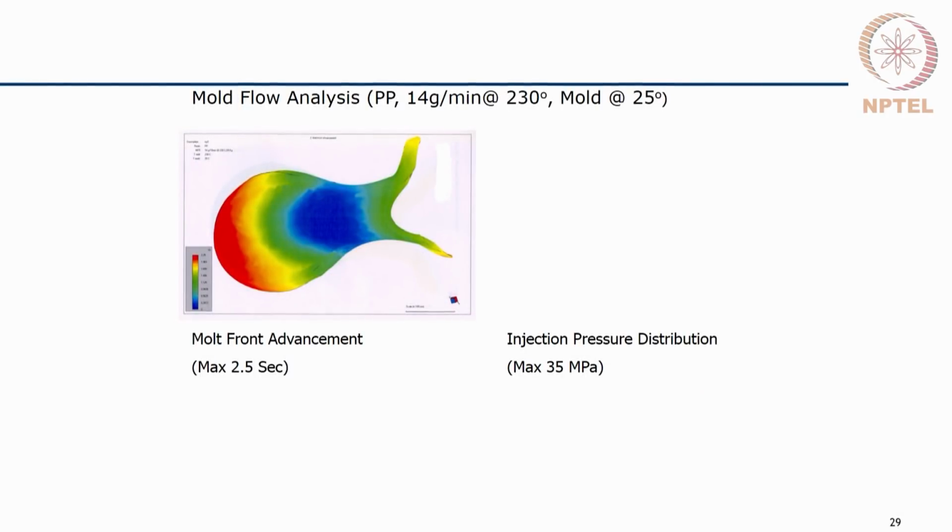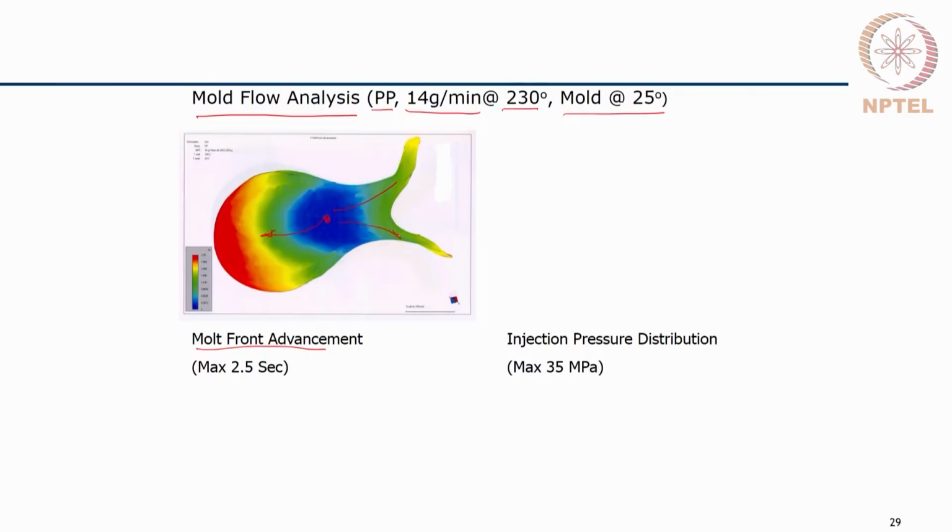Once we have the mold design, we can use suitable software to do the mold flow analysis. Like here you see a simulation of polypropylene being injected at 14 grams per minute rate at this temperature, with the mold being kept at 25 degrees. It shows the melt front advancement, how the material flows from the injection point, which is over here, to the different regions.